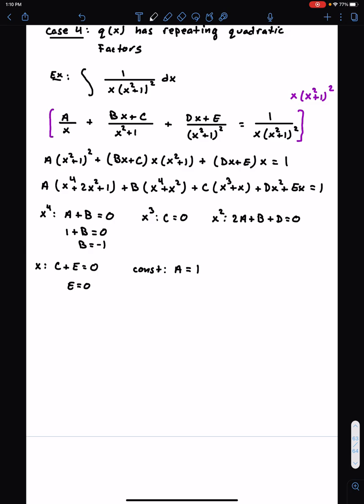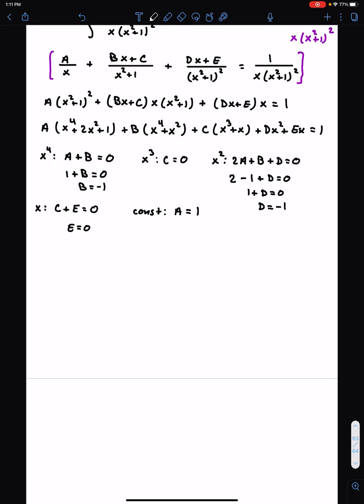If I have b, I can plug it into this equation and solve for d. So 2 times a, or 2 times 1 is 2, minus 1 plus d is equal to 0. So 1 plus d is 0, which means d is negative 1.